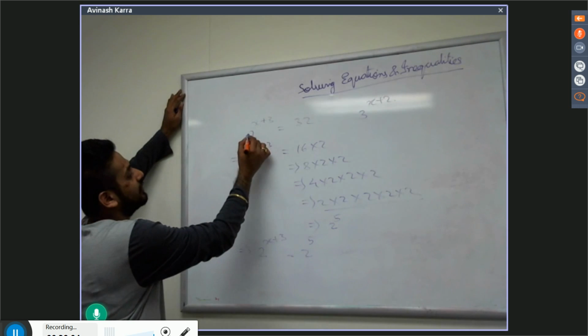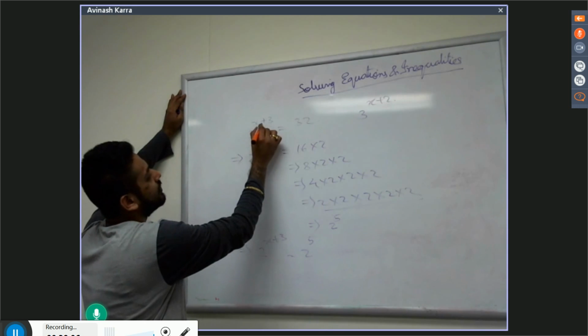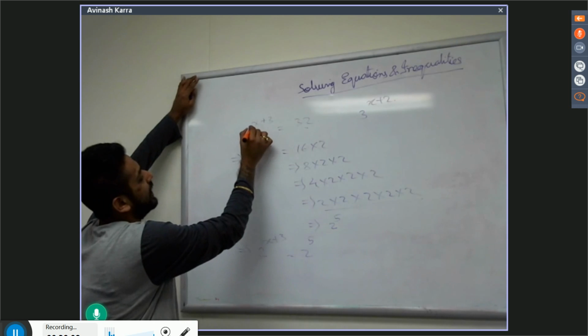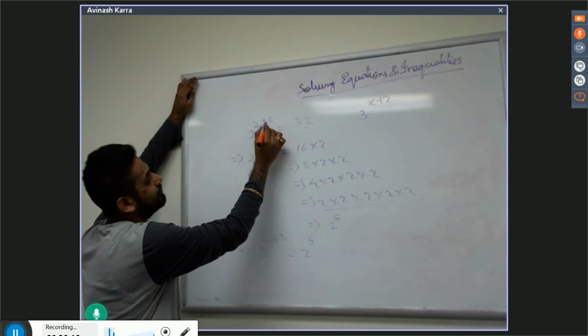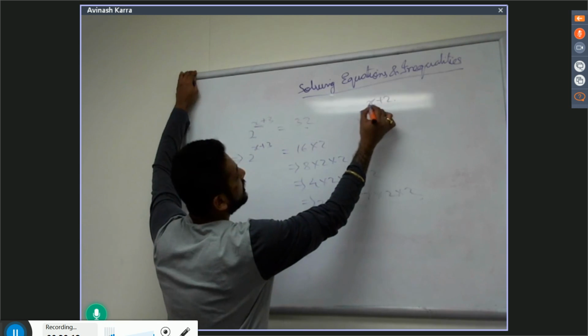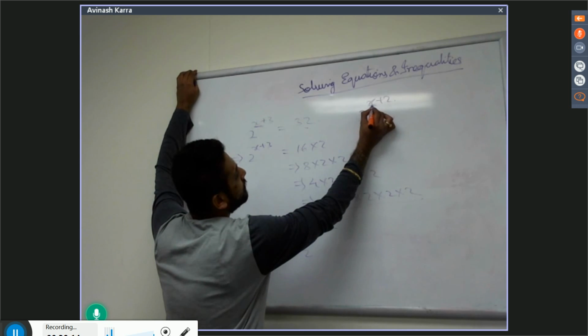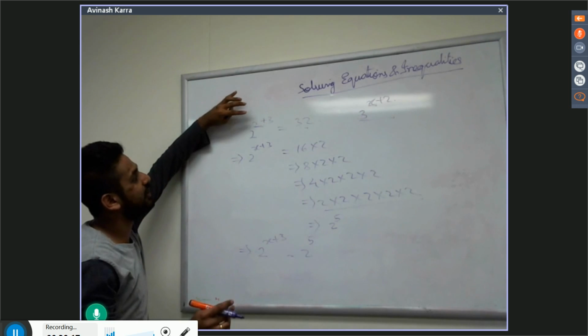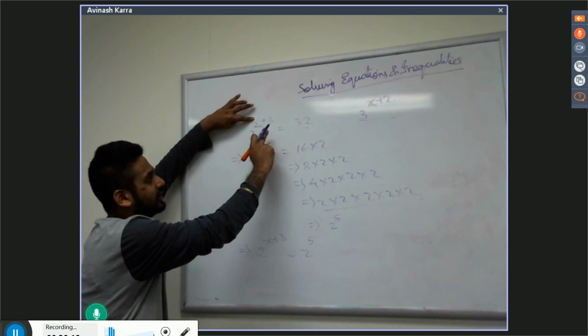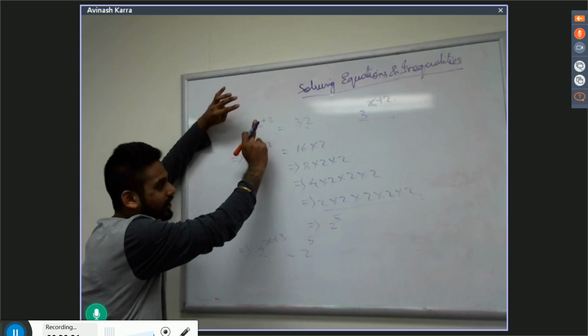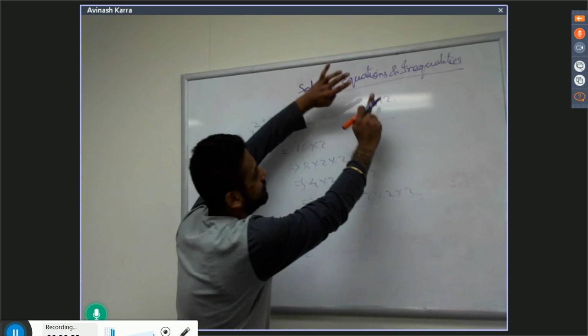See what is given. 2 to the power of x plus 3 is equal to 32, and he has to find the value of this. What is the unknown value? X. So first we need to find the value of x from this given equation. Then whatever x value you get from this equation, you're going to substitute in this.